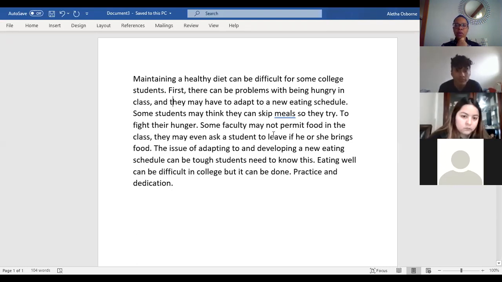So do you guys see what we're doing here, or should I try to do the next sentence? Yes, I see. Let's take a look at this next one. I just want to take a look at it real quick. It's going to kind of cut some of my time in class, but I'll try to move through it quickly. Let's look at this next sentence, you guys. Some students may think they can skip meals, so they try.